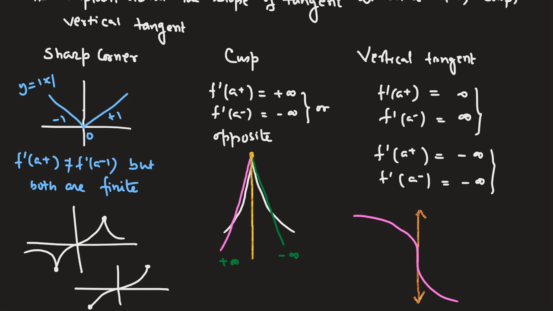It is either plus infinity or minus infinity. The slope will be either positive infinity or negative infinity.